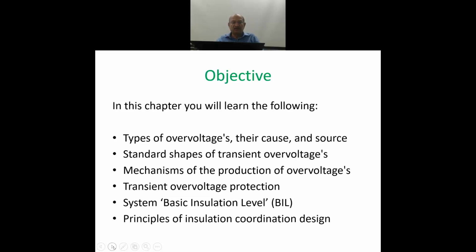Network means any gadget in the network, be it transmission line, generators, transformers, anywhere. So we'll be talking about the overvoltages which are also encountered by the network.